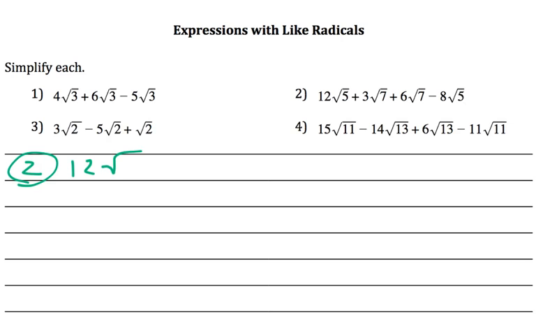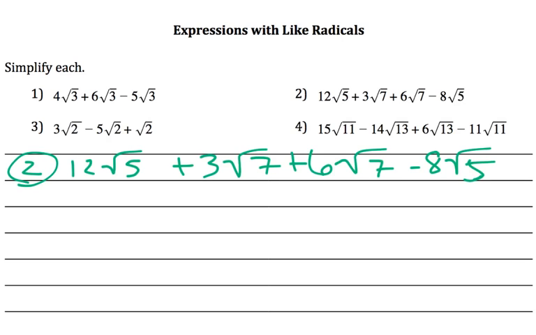12 square root of 5 plus 3 square root of 7 plus 6 square root of 7 minus 8 square root of 5. Now, earlier, we might have rewritten this problem showing the square root of 5 parts first, and then the square root of 7 parts next.